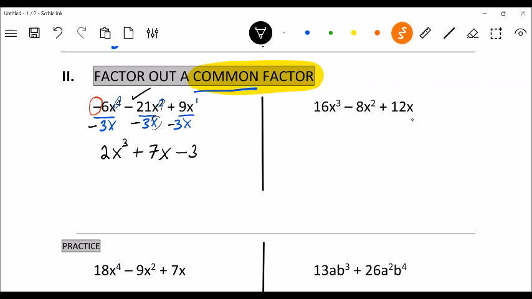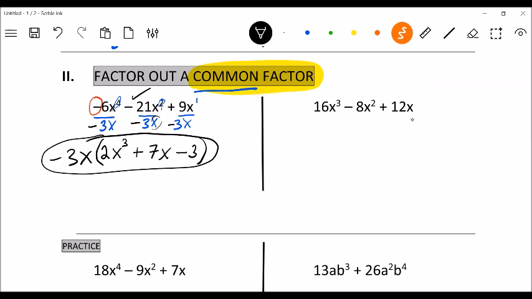What I want you to not forget is that you have to put it in parentheses, and the thing that you took out from each of them has to be put in front. So that's negative 3x, and that would be our answer. That's the common factor in front, and then the results of the leftover parts on the inside.